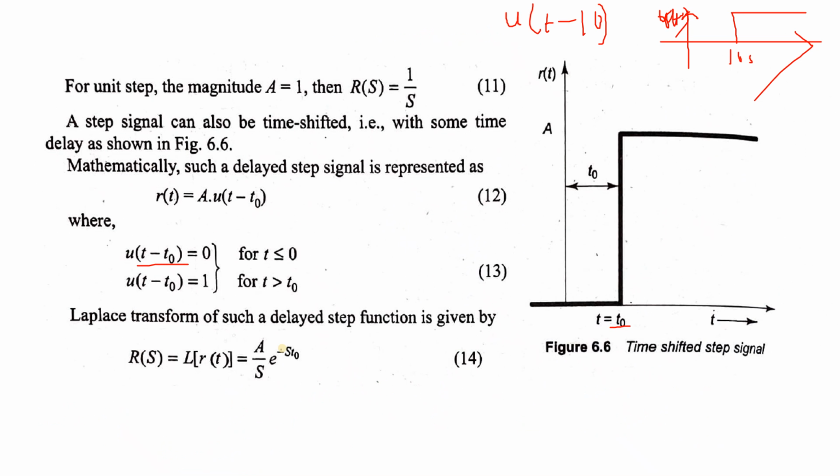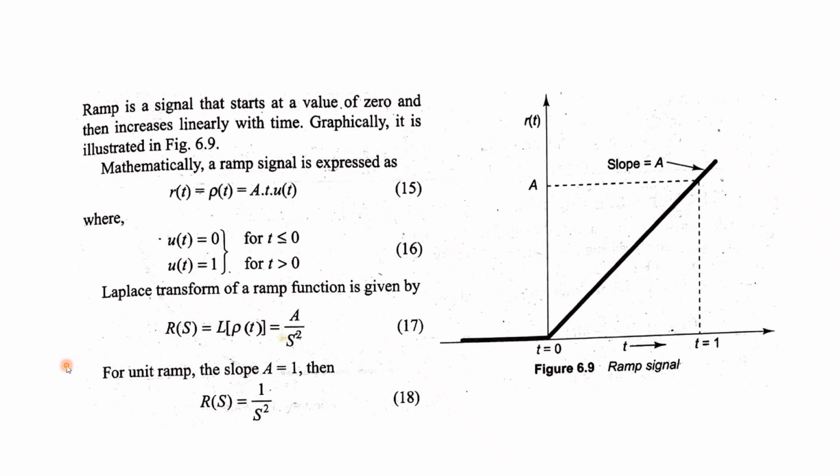That is why we have only 1 by s. But over here we have 1 by s into e to the power minus s t0. So this is the Laplace transform of the shifted unit step function.